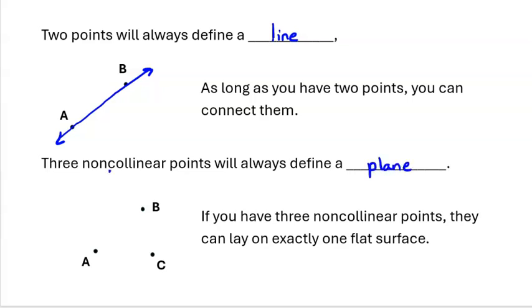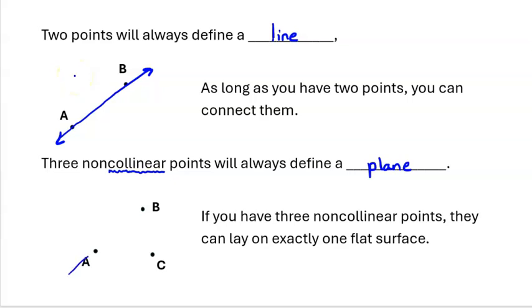3 non-collinear points always define a plane. So the word collinear means on the same line. If we are looking at line AB here, A and B are 2 collinear points. They can be on the same line here. However, if we're talking about 3 non-collinear points, we're talking about 3 points that are not on the same line.